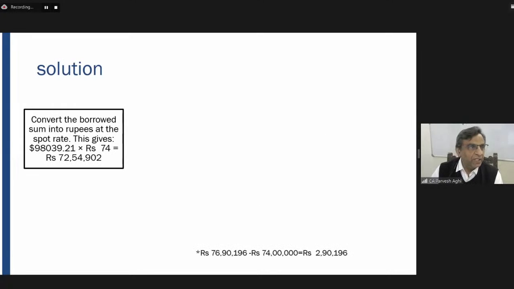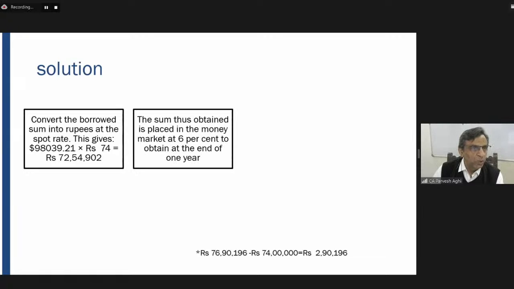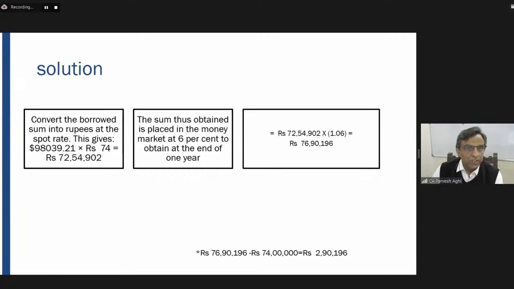Then convert the borrowed sum into Indian rupees at the spot rate, which is 74. So it will become 72 lakhs 54,902. This sum thus obtained is placed in the money market at 6%, since the interest rate in India is 6%. So this money is going to grow to 76,90,196.